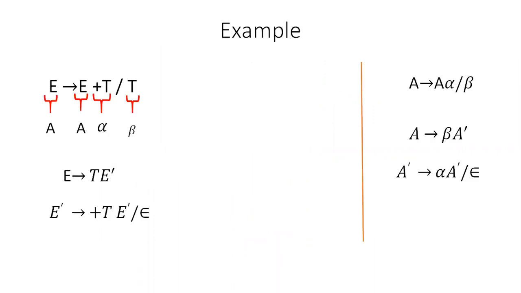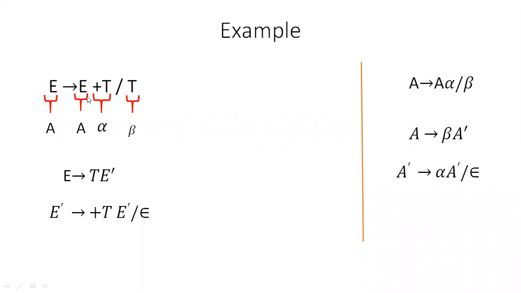See here, this example is an unambiguous example, right? The first rule in the unambiguous example is E tends to E plus T or T. And by seeing the rule E tends to E plus T or T, I can easily identify that the production rule in the given grammar consists of left recursion. How? A tends to A, E tends to E, right?